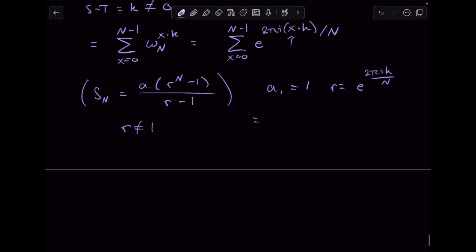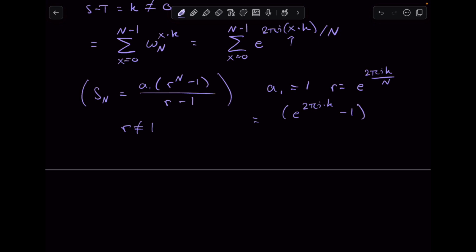So here, what we get for the sum is going to be just 1 for a1, so nothing there. And then e to the 2 pi i k over n raised to the power of n. So that's just going to get rid of the denominator in that exponent. So this is e to the 2 pi i times some non-zero k, minus 1.